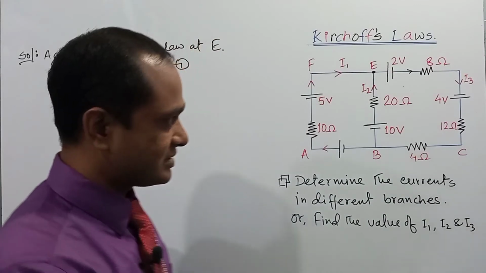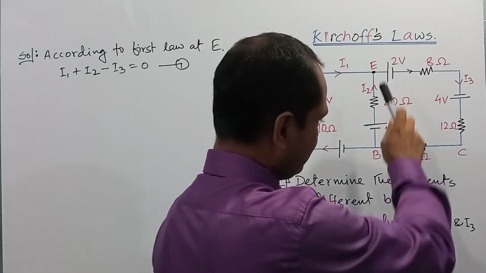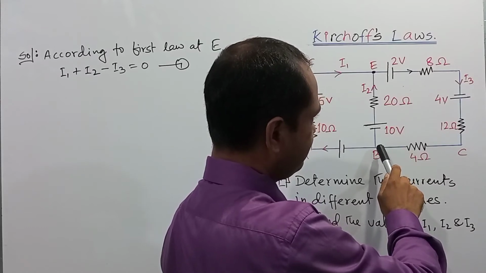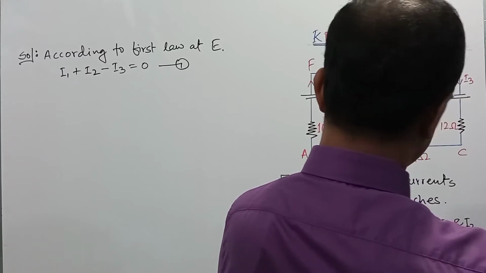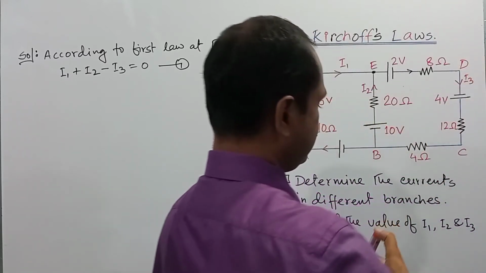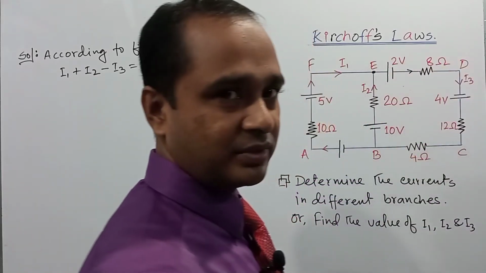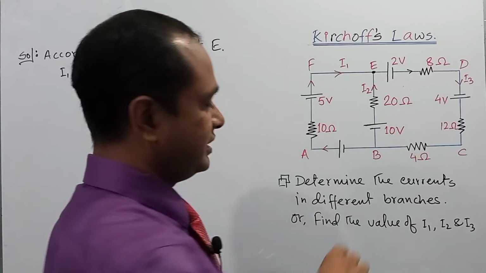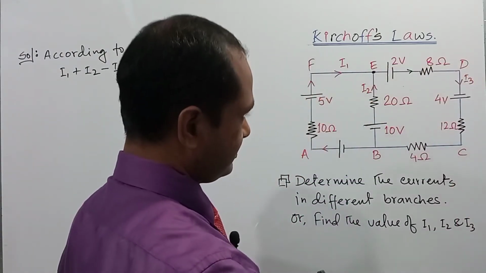Now we are going to establish another equation in the loop B, E, D, C. So in the loop B, E, D, C, B, we apply the second law or loop law in this closed circuit.